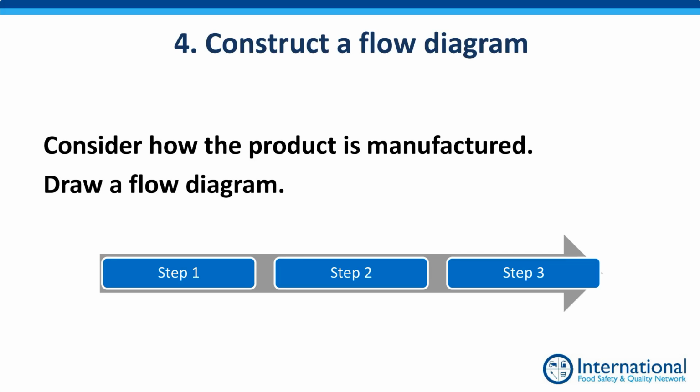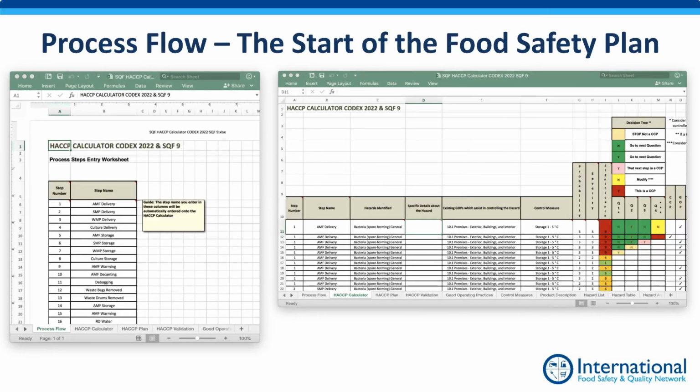The flow diagram should indicate all inputs, including those of ingredients and food contact materials, water and air if relevant. Complex manufacturing operations can be broken down into smaller, more manageable modules and multiple flow diagrams.